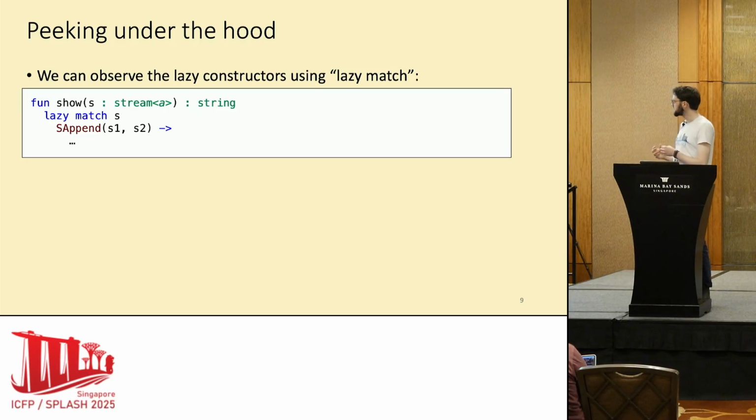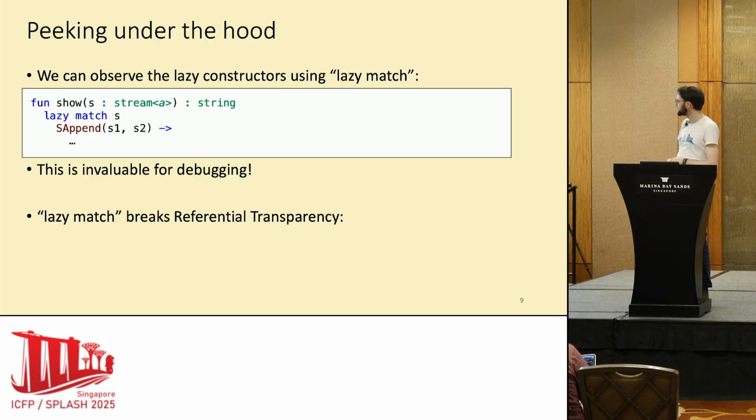And the idea is that we can use lazy match to figure out, is this an sappend constructor or not? And if so, we just print the sappend directly on the command line, which gives you the nice printing behavior that I've shown you before. And I think this is actually really good for debugging in practice if you program with these data structures.